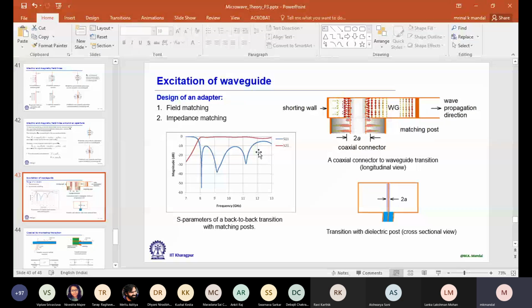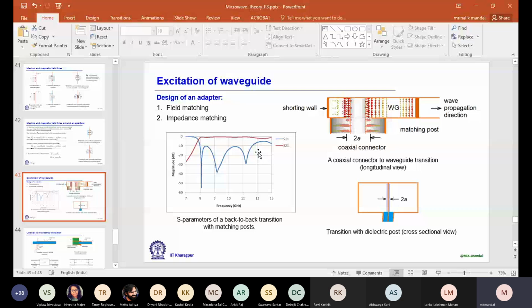So what is mode matching? You already know that for one mode, if I look at the electric or magnetic field component, and that is perpendicular to the second mode, then there is no coupling between these two modes.